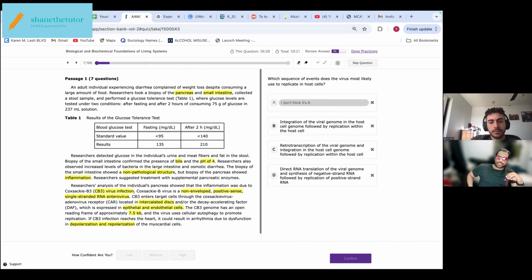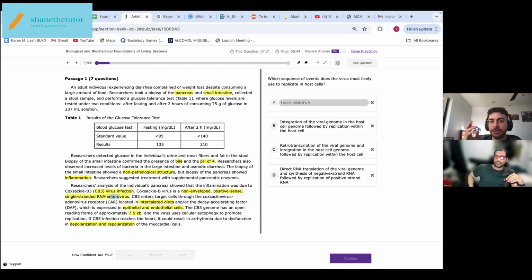But this is only true for retroviruses. They never said this was a retrovirus. So if this said retro, then C would be right.